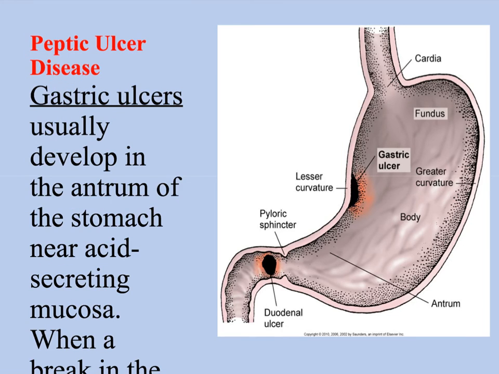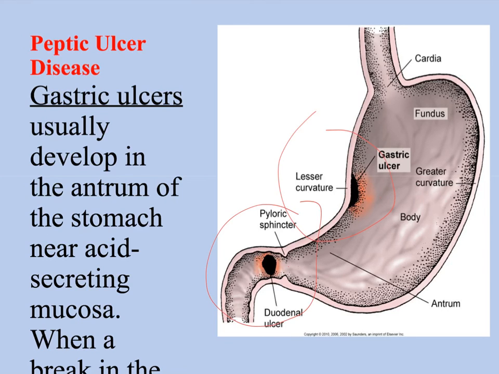This slide is just focusing in a little bit more on those gastric ulcers, and like I said, that means an ulcer within the stomach. This is the most common area where that would occur, in the antrum of the stomach. And then your duodenal ulcers, that duodenum, that is the first part of the small intestine right off of the stomach. So this is where the duodenal ulcer is, where the gastric ulcer is.